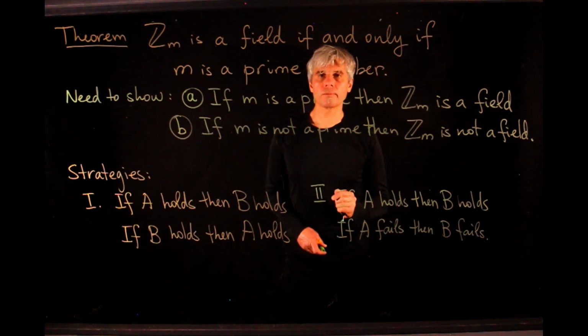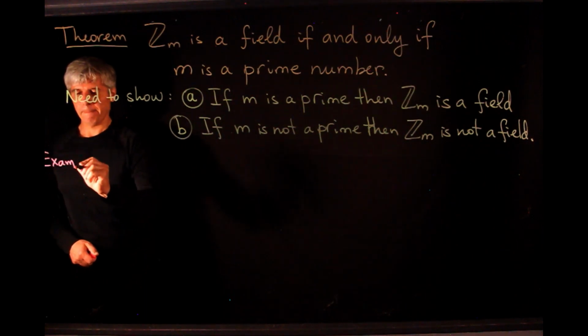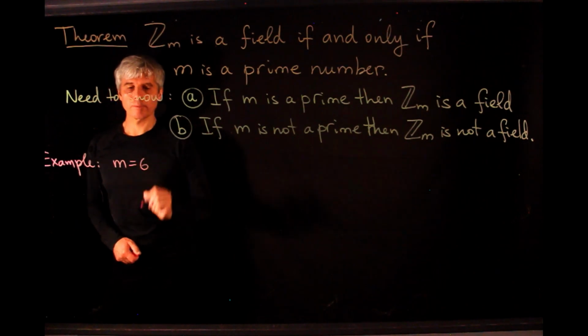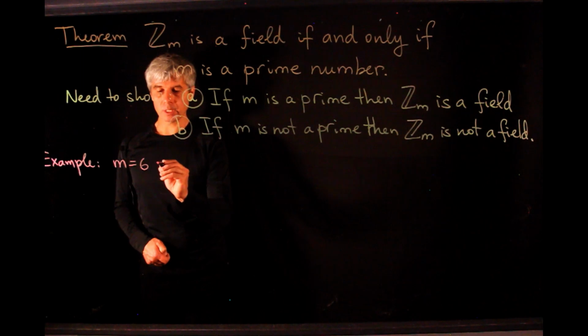Let's first start with an example. Let's take m equals 6. So 6 is a composite number, so this is not a prime.